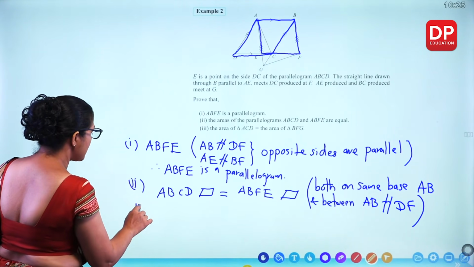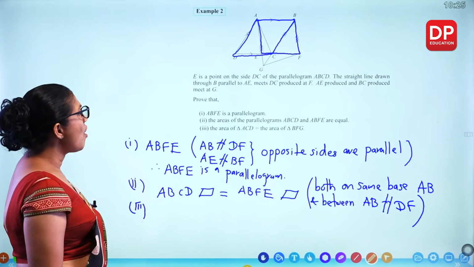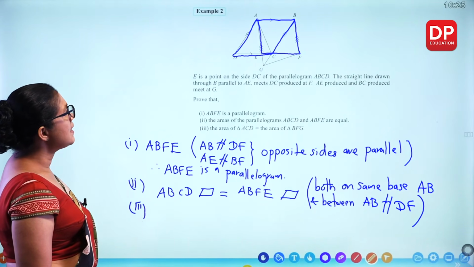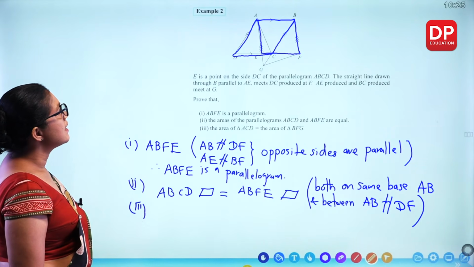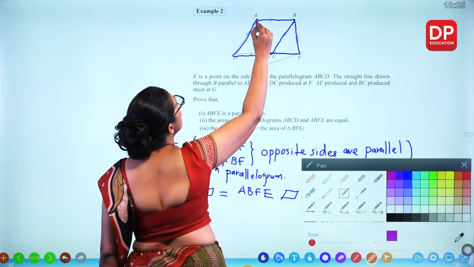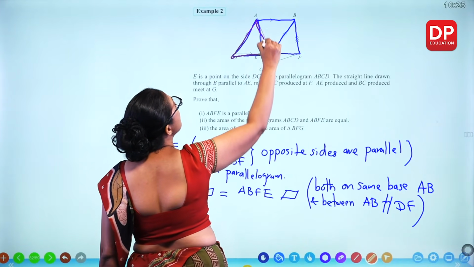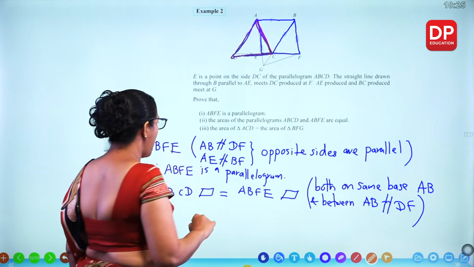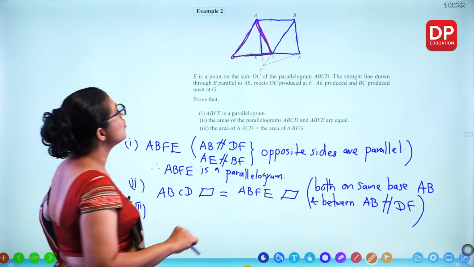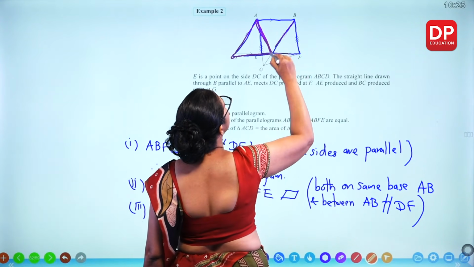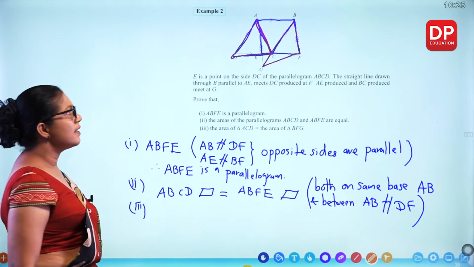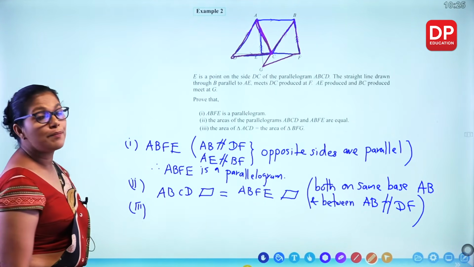Then the third part, the area of triangle ACD. I'll take another color. Now we need to check this triangle and BFG. We have to show these are equal. How can we do that?